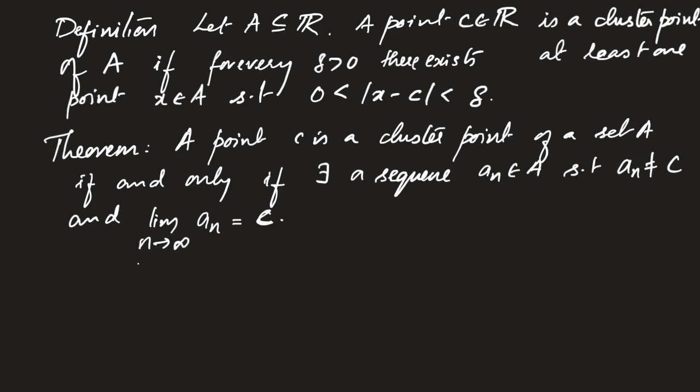So a point c is a cluster point of the set A if and only if there are elements in A that converge to the point c. Let us try to prove this.